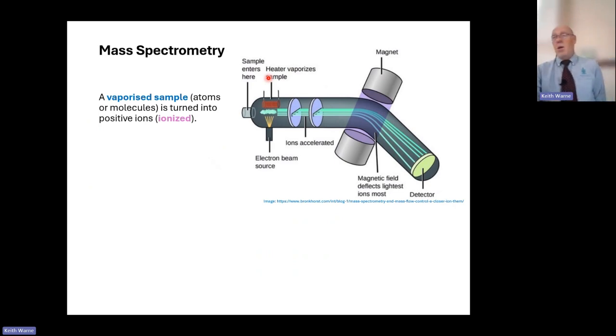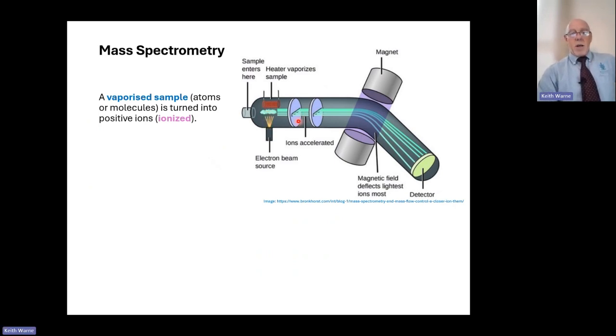So now you've got vapor of molecules or atoms of the sample, which are being bombarded by electrons. What those electrons do is they knock electrons out of the atoms or the molecule. The electrons they're shooting with have just enough energy to knock one electron out of the atom or the molecule. Normally not enough to knock two or any more, just to knock one out.